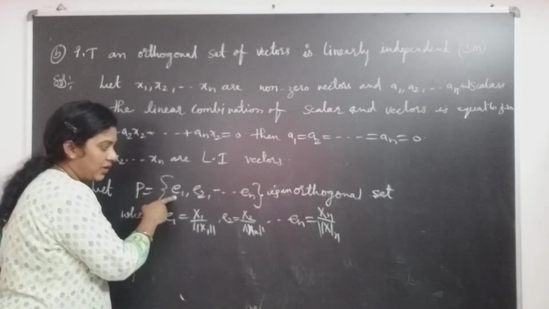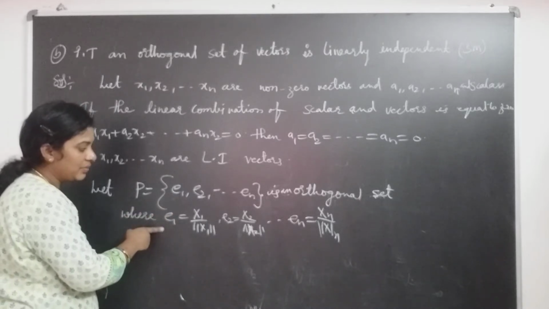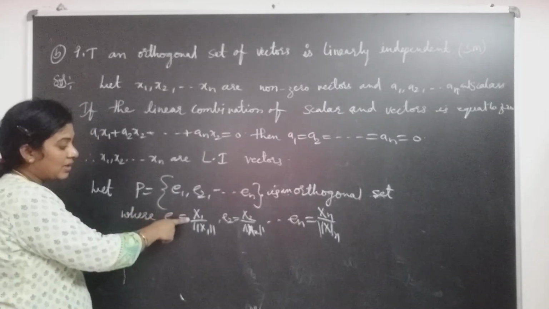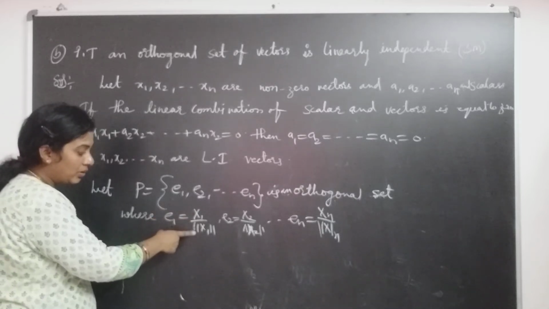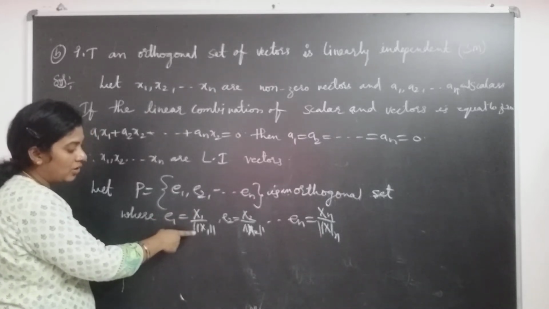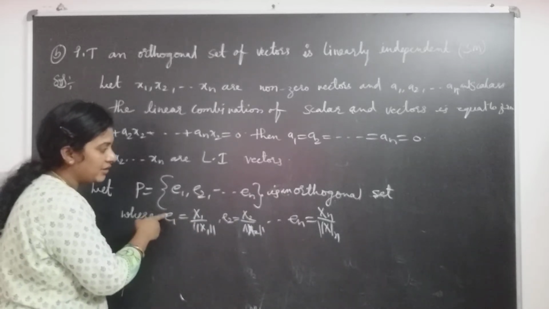the identity vectors. Why? Because these are orthonormal vectors, meaning by the orthonormal condition, x1 by the modulus or norm of x1 is the identity element or identity vector.